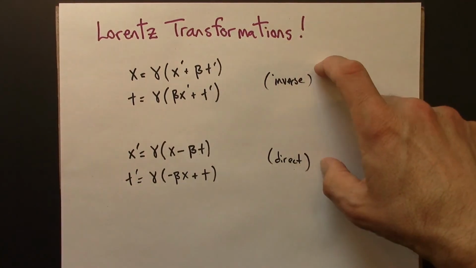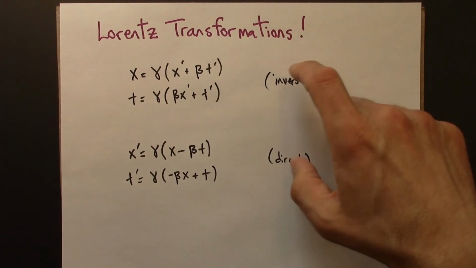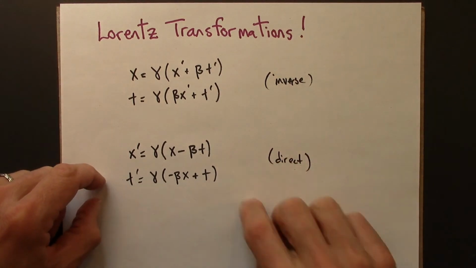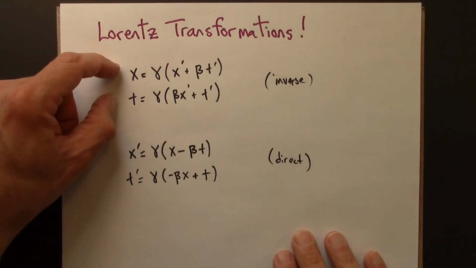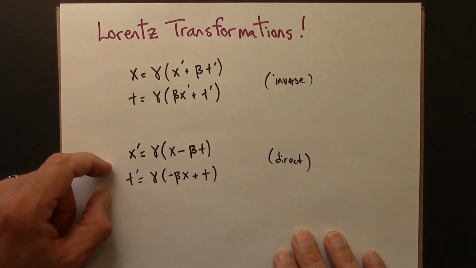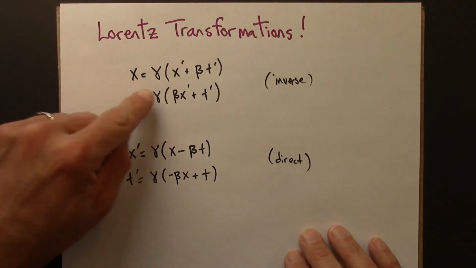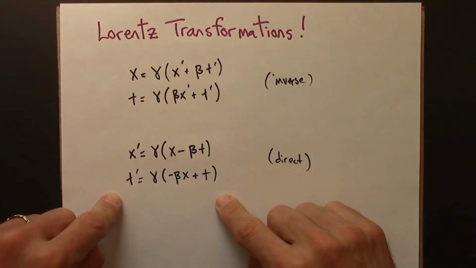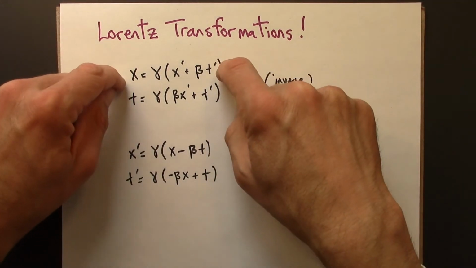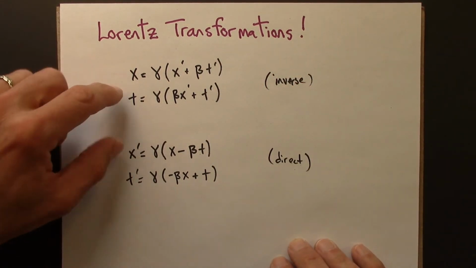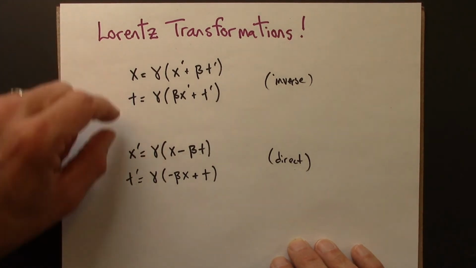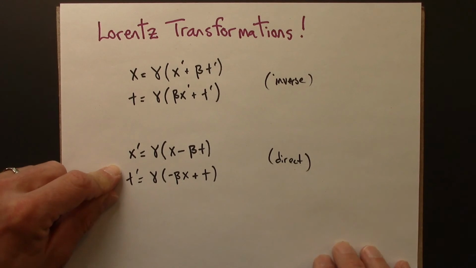These names aren't important, and I don't want you to think of these as two separate sets of formulas. They're the same thing. This is what we derived, and you get from here to here by doing algebra. You just take this system of equations, solve for x prime and t prime, and you get this. And you can go back by doing the process in reverse. These equations contain the same information; we just use algebra to write them in different ways.